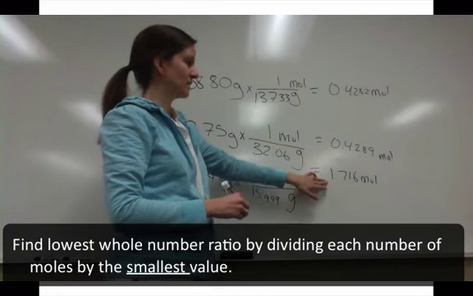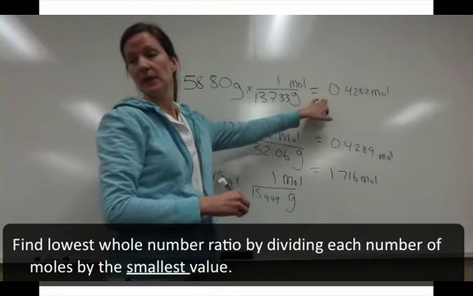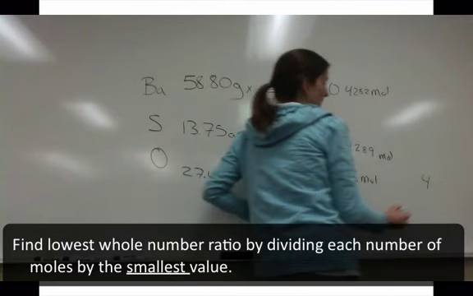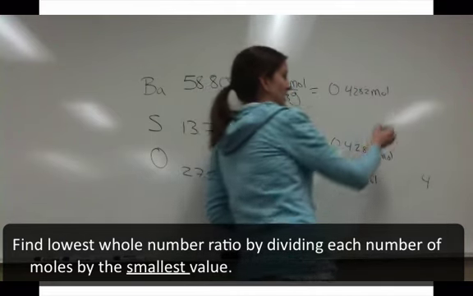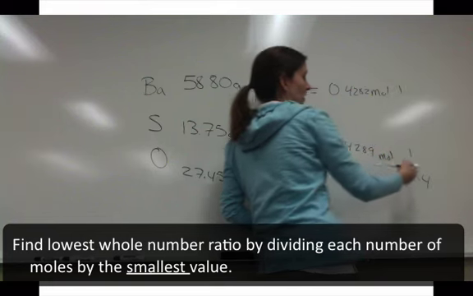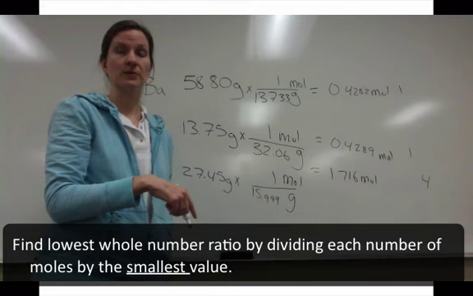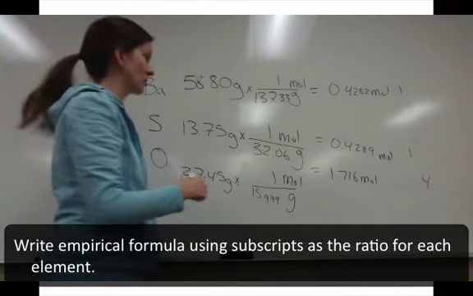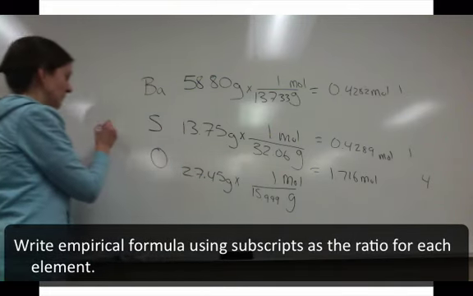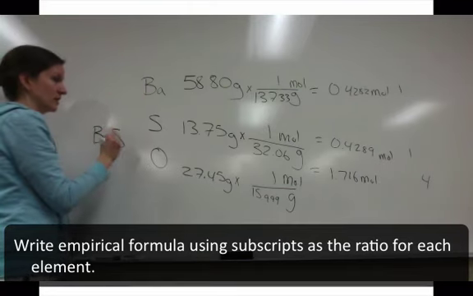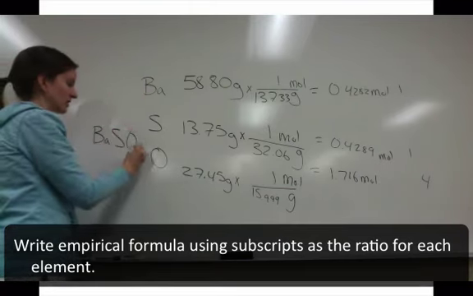If I divide this number by this number in my calculator, I got an answer that was pretty close to 4. So what that says to me is this is a 1 to 1 to 4 ratio. Those become my subscripts. So then I have 1 barium to 1 sulfur to 4 oxygens.